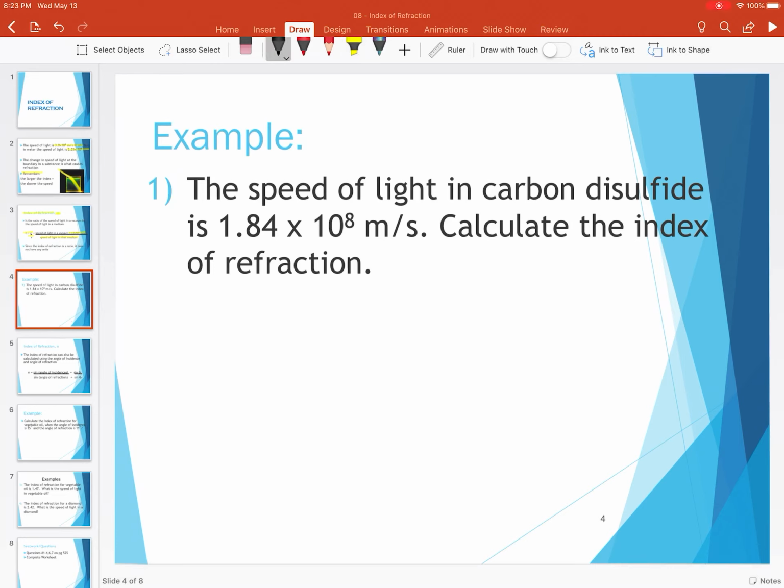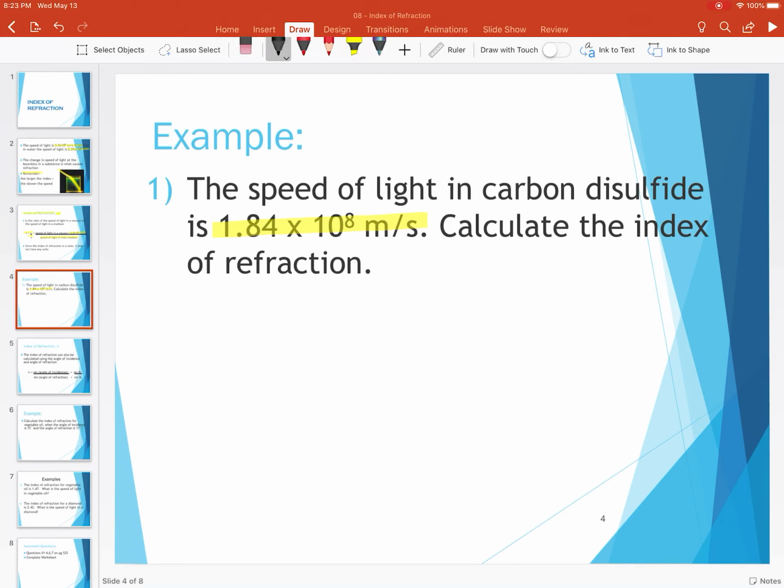So again, if we look at an example, you want to make sure you identify what you know. The speed of light in carbon disulfide is 1.84 times 10 to the 8 meters per second. So we know that V, the speed of light in the medium, which in this case is carbon disulfide, is going to be that 1.84 times 10 to the 8.